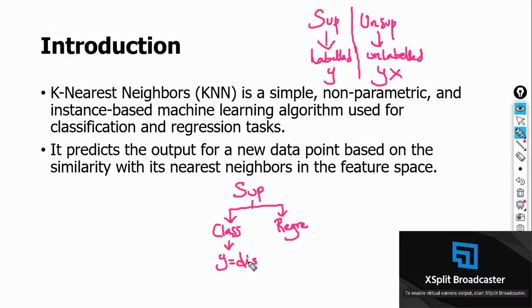Okay, can you just give some examples for discrete? Yeah, sure. True, false. If the y column has true or false, only these two values will be part of your y column, target column, output column. They are fixed. You cannot expect a third value to be part of your y column. Pass, fail.